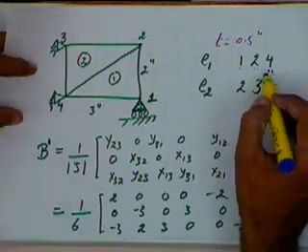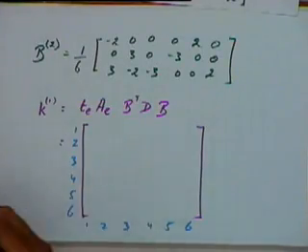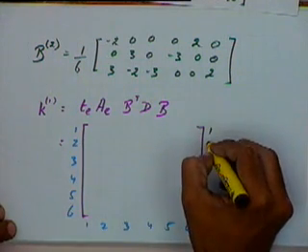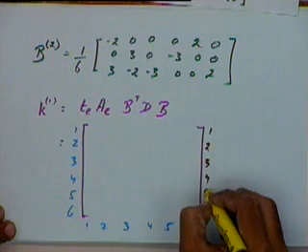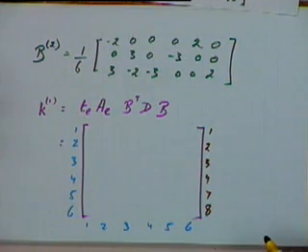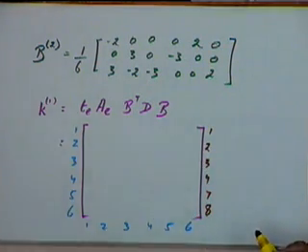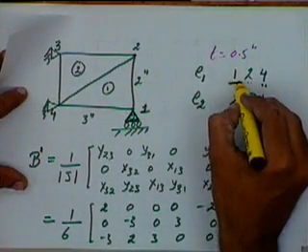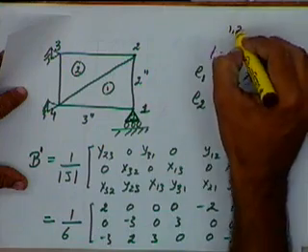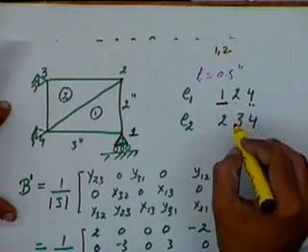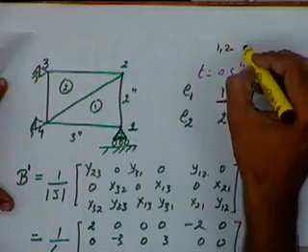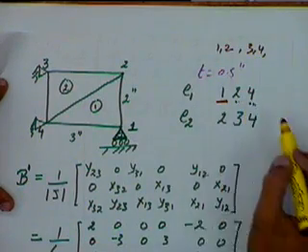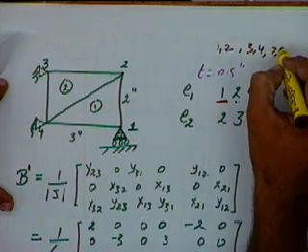So in the global matrix these locations would occupy the locations 1, 2, 3, 4 and 7, 8. That is because corresponding to node number 1, the global locations will be 1 and 2. Corresponding to node number 2, the global locations would be 3 and 4, and corresponding to node number 4, the global locations will be 7 and 8.